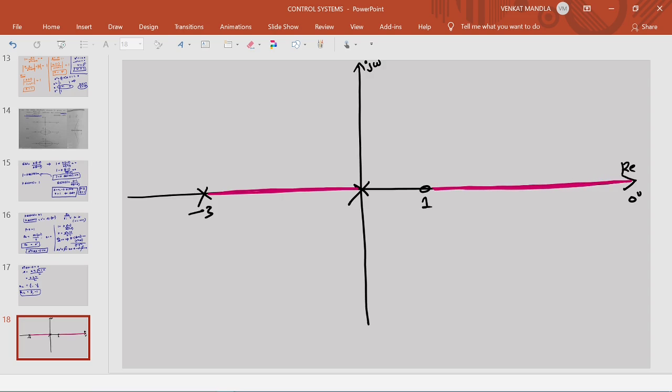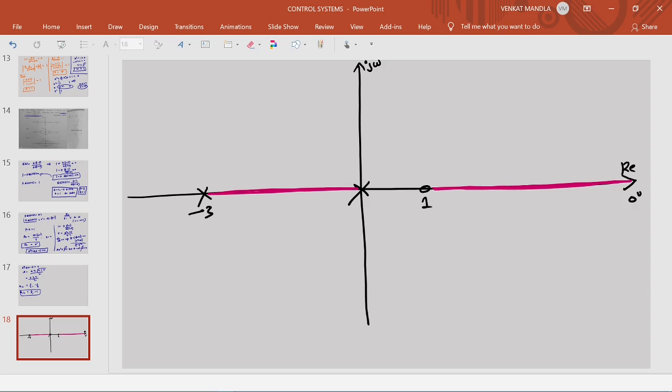So in these two regions we get the root locus plot. To the left of minus 3 we don't have any root locus plot. Why? Because in this region we have two poles and one zero, that is the number is 3.